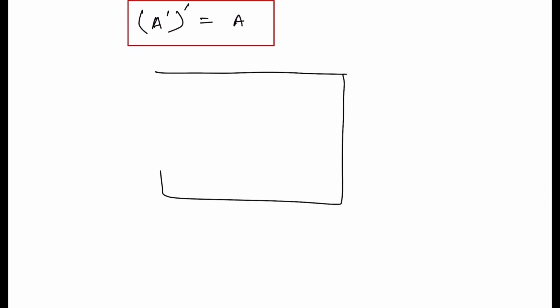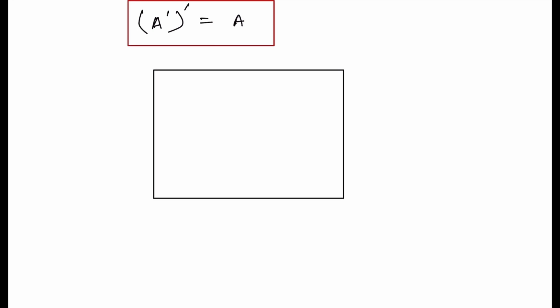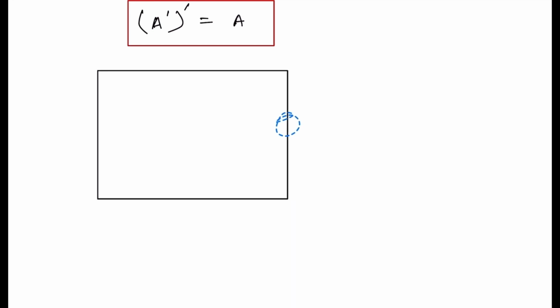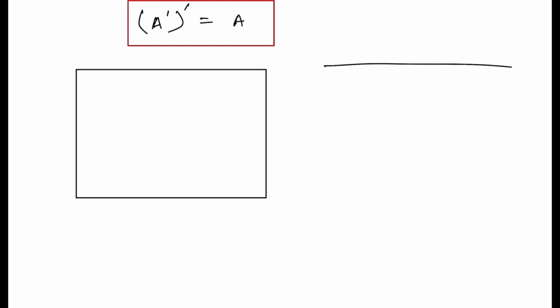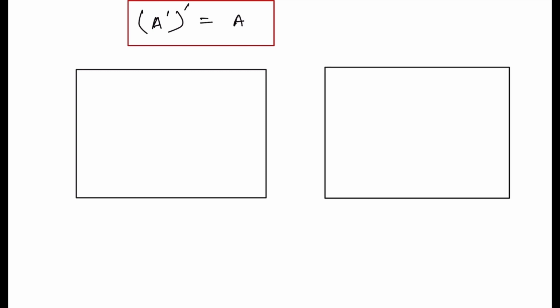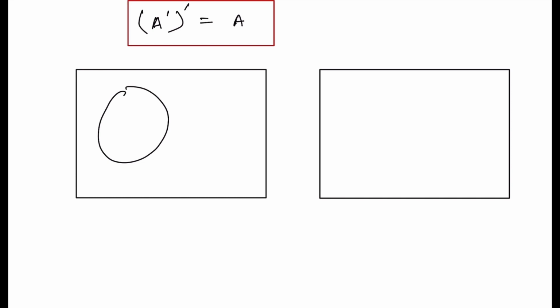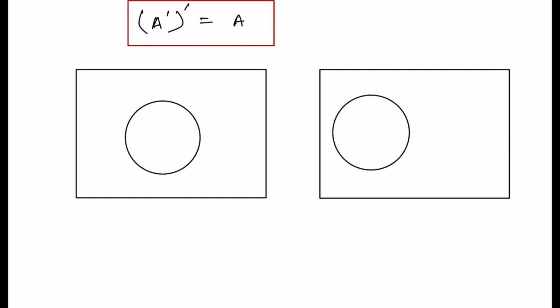Suppose this is a Venn diagram. A Venn diagram can be drawn using two sets or using one set, so I will draw both. You can draw a Venn diagram for two sets or one set, whichever you want.